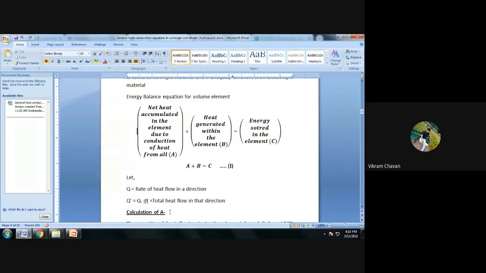If you want to find the total heat flow, you have to multiply by the time interval for which we are carrying out this particular heat transfer due to conduction. So if the heat is flowing in x direction, then Q suffix x multiplied by dt will be considered as Q dash suffix x.